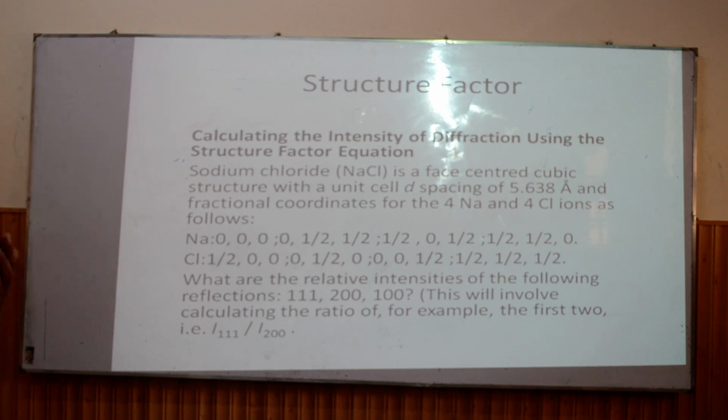Sodium chloride, as you already know, is a face-centered cubic structure with a unit cell d spacing of 5.638 angstrom and fractional coordinates for 4 sodium and 4 chlorine atoms.